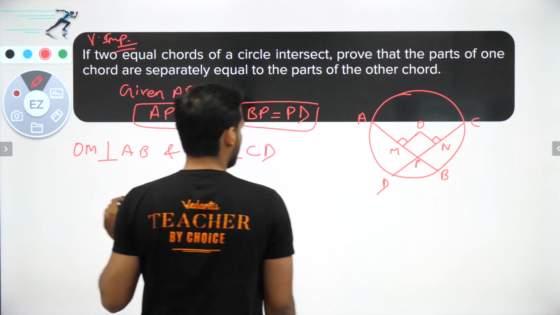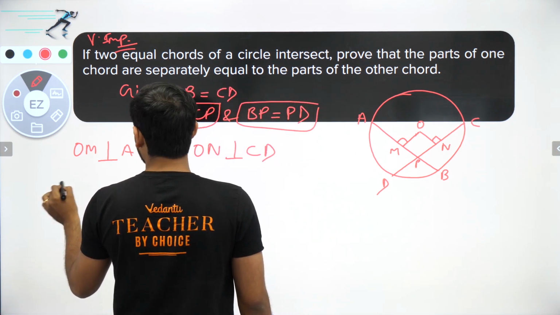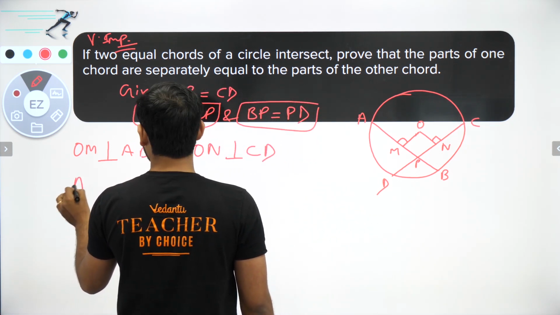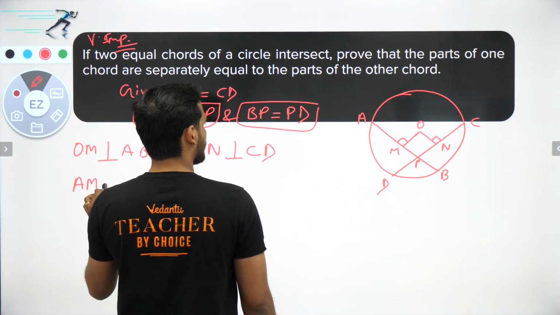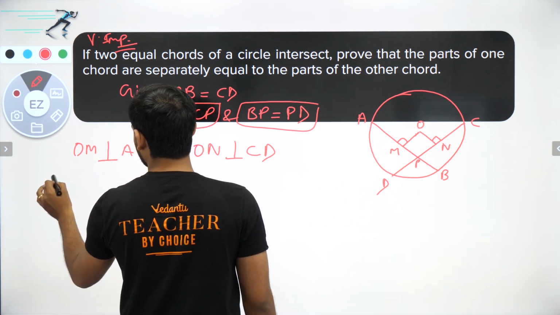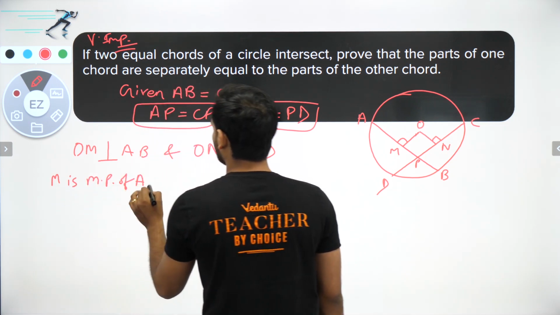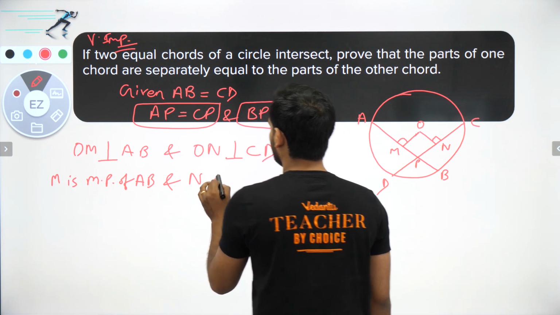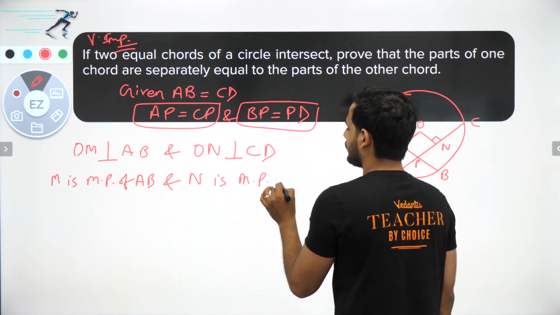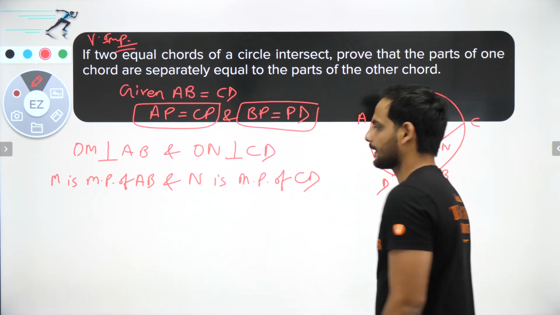So if OM is perpendicular to AB, M is midpoint of AB and N is midpoint of CD. Correct?